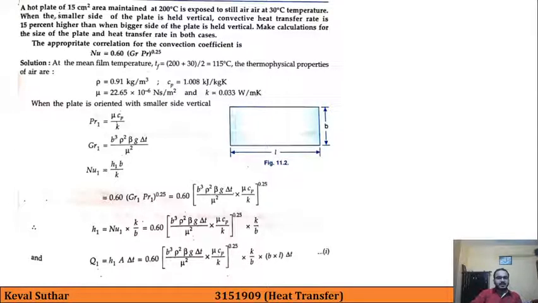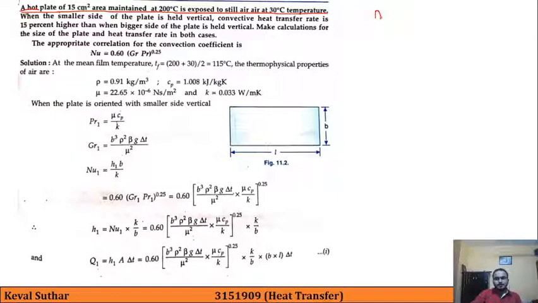This is a slightly lengthy problem. A hot plate of 15 centimeter square area is maintained at 200 degrees Celsius and is exposed to still air at 30 degrees Celsius temperature.